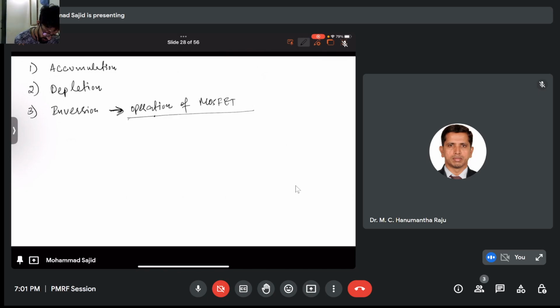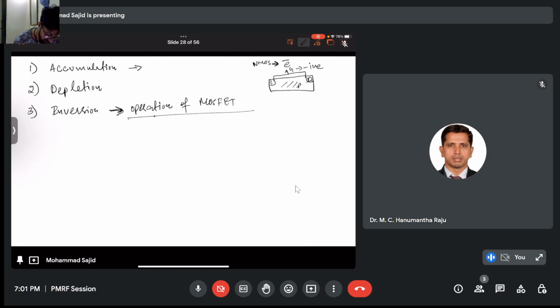So what is accumulation? As I said, for NMOS, channel should be of electrons. But if you now see here, this is your simple MOSFET structure, this is a P well, and if you apply gate voltage, which is negative, right?